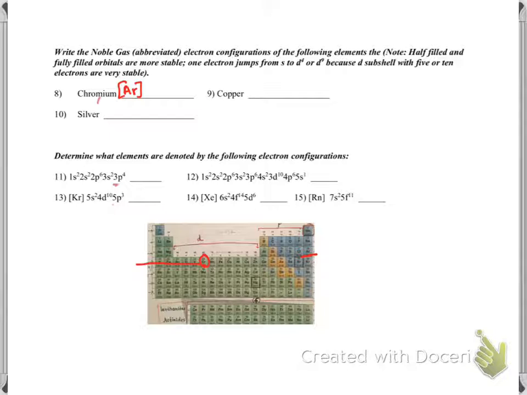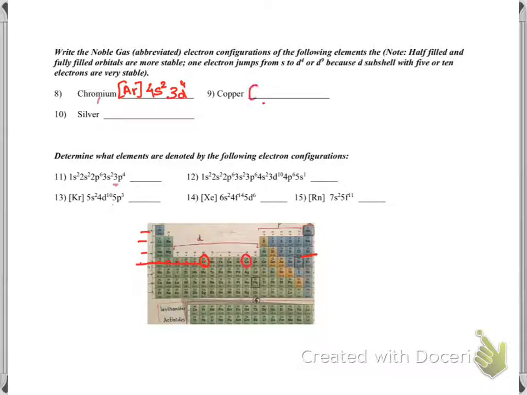So first these two, 1, 2, 3, 4. We are in the fourth row, 4s2, 3d4, 1, 2, 3, 4. The next is copper. Copper is here.